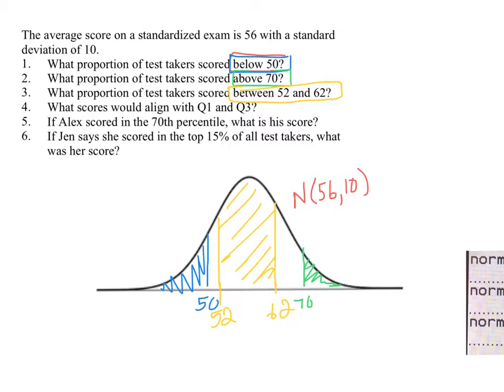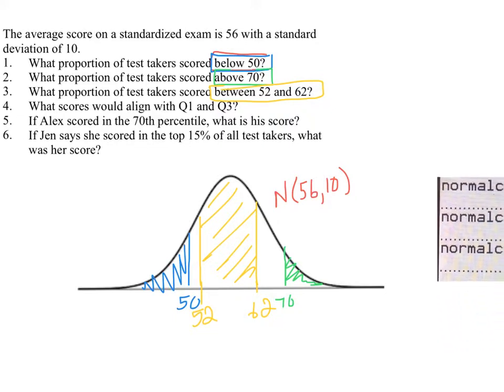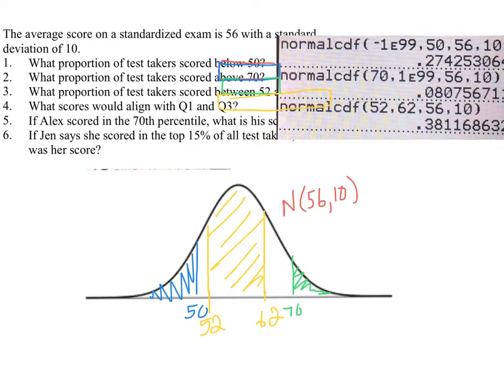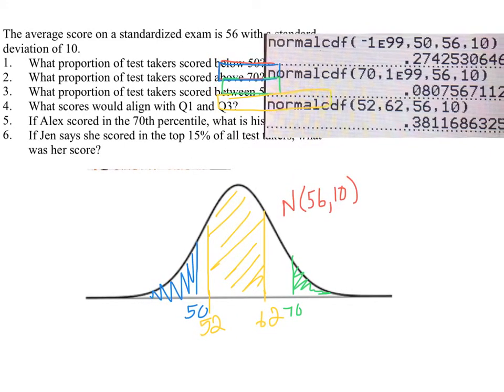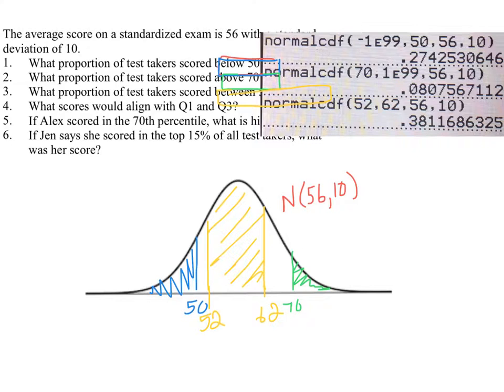All right, let me drag in the calculator work and move it into a spot where we can read it. Okay, like this. So I did a normal CDF. Remember, we talked about why you'd use a CDF instead of a PDF. The PDF we really won't use in AP statistics at all, so don't worry about that.